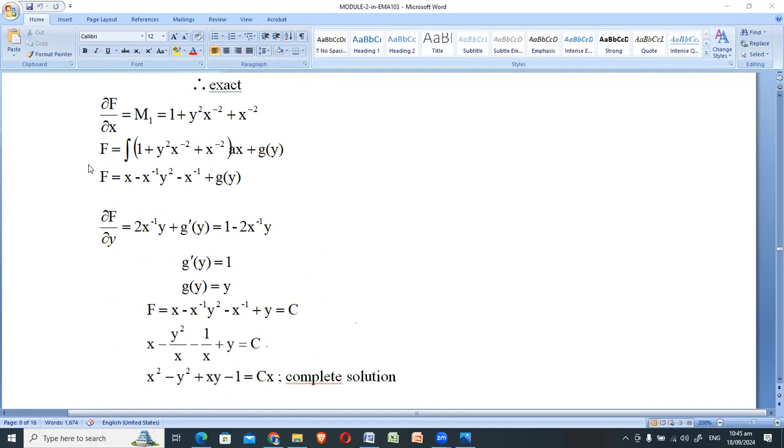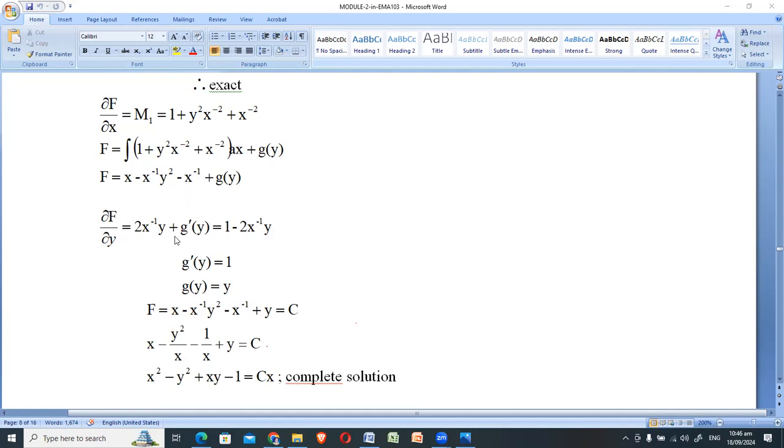Now, in method 3, this answer of yours for the partial integration of your m with respect to x will be partially differentiated with respect to y. So you partially differentiate this f here that you have with respect to y, and it should be giving you this one. The x and the x raised to negative 1 will have all derivatives equal to 0 because x here is considered a constant.